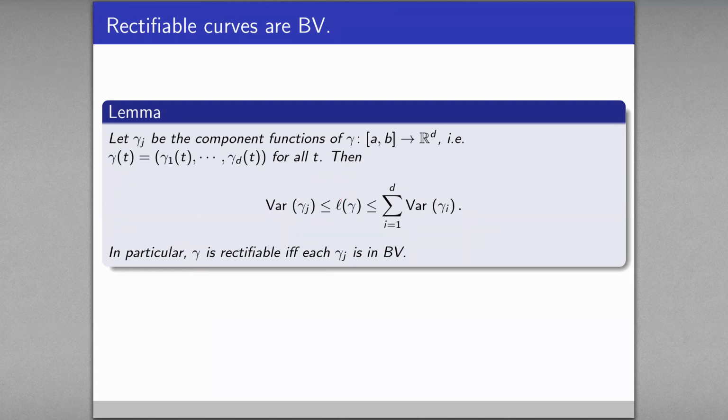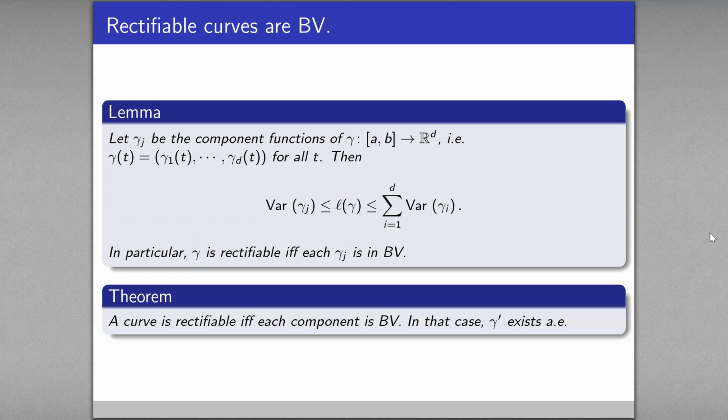So what we get then is that if you have a rectifiable curve, then gamma prime exists almost everywhere. So that is the first ingredient we needed for the length formula, the derivative. If it's rectifiable, each component is of bounded variation, and we saw that BV functions are differentiable, so each gamma i is differentiable.